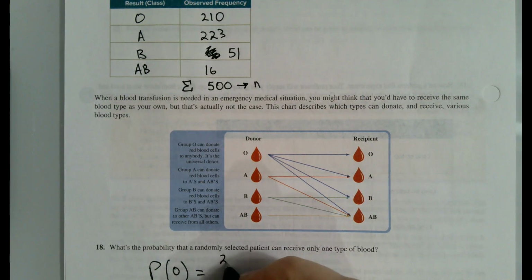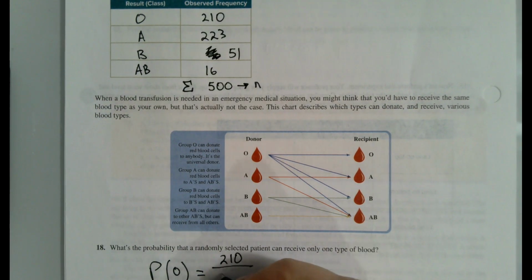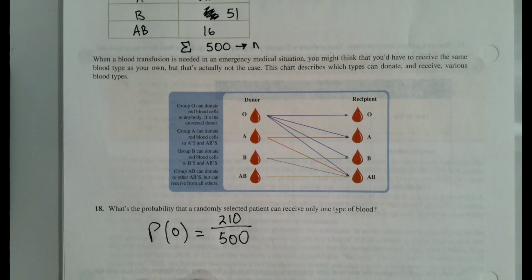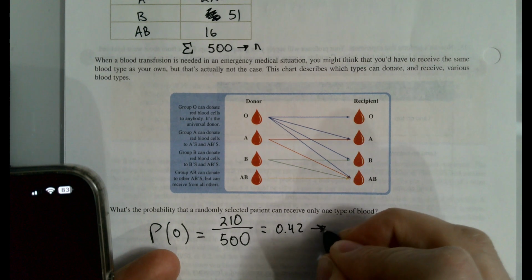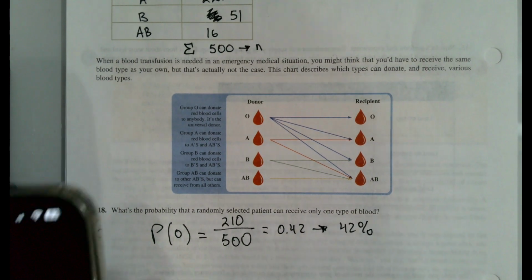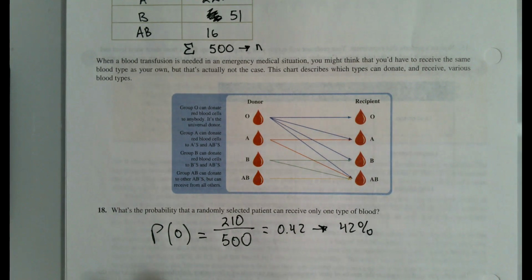Based on how we calculate probabilities, that's the 210 observed frequency by the 500. We're going to talk a little bit later about how we can infer this to a population. But this looks like 0.42 or a 42% chance. When we randomly select someone out of this sample, there's a 42% chance that they can only receive one type of blood.